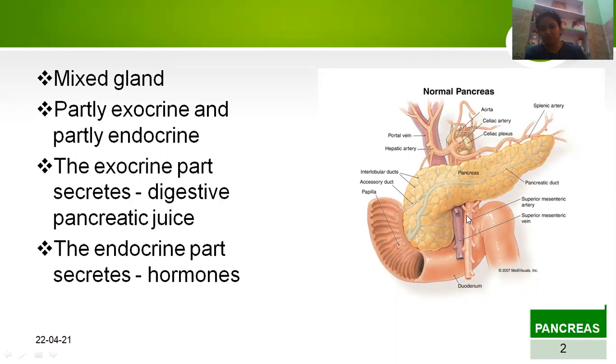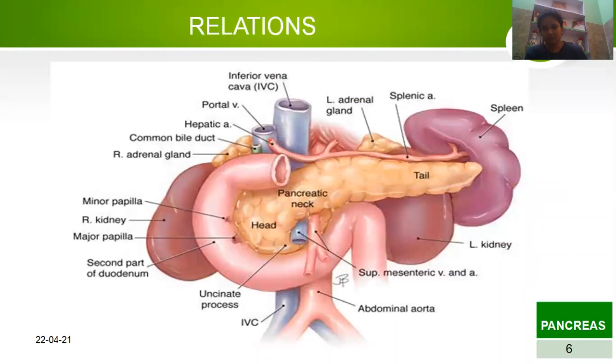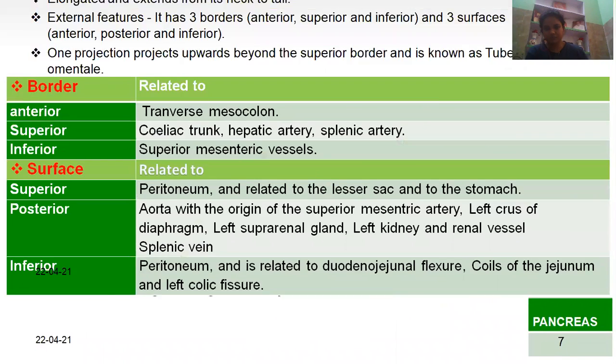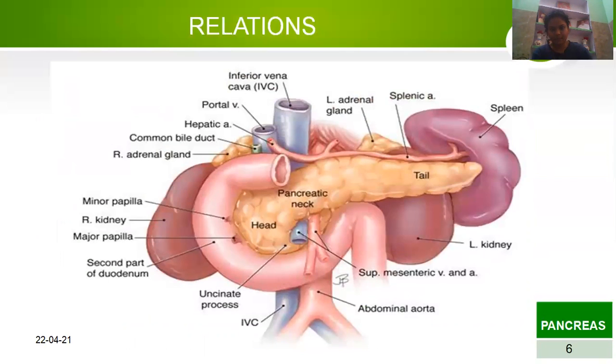This is the superior mesenteric artery. This is the aorta. This is the duodenojejunal flexure. This is the left suprarenal gland. This is the right suprarenal gland.